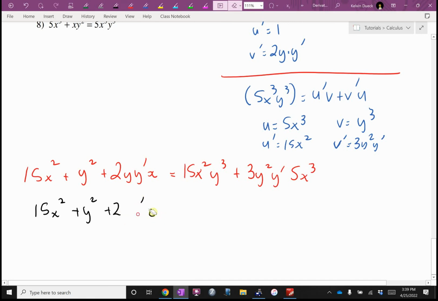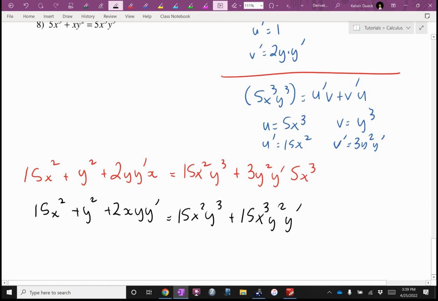I mean, honestly, because we write things alphabetically, 2x, y, y prime is probably how they'd write that. 15x squared y cubed. Again, if you see me make a dumb math mistake, holler. Plus, and they'd probably go 15x cubed y squared y prime.